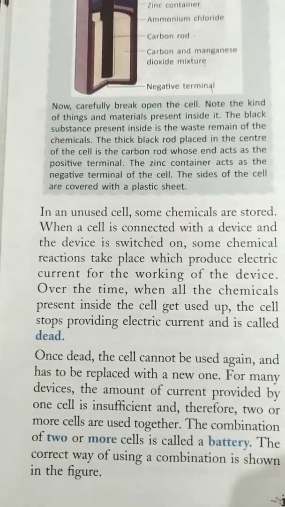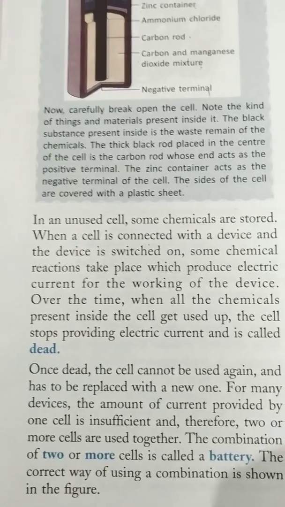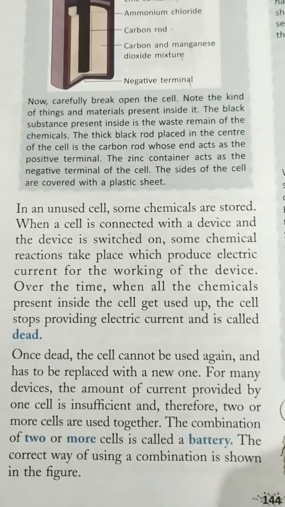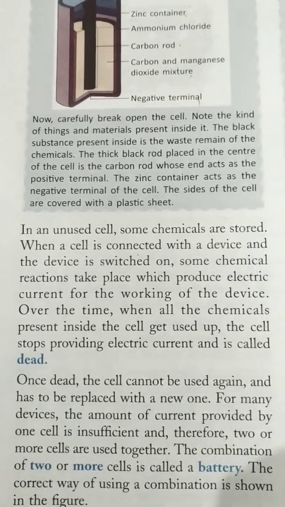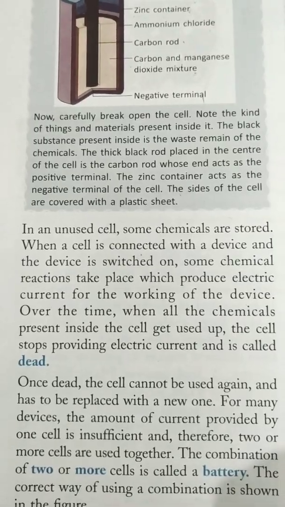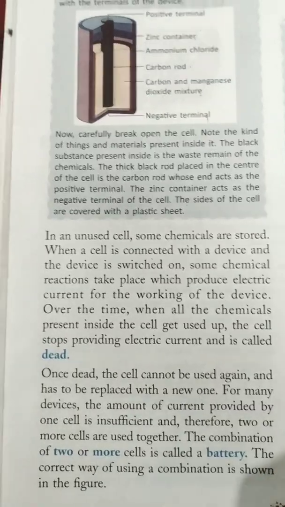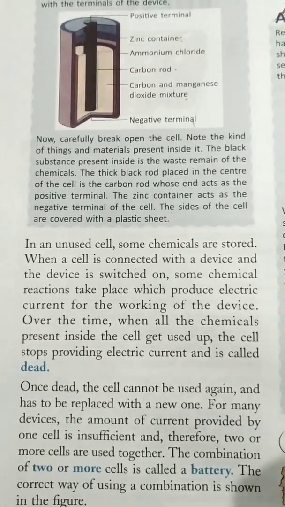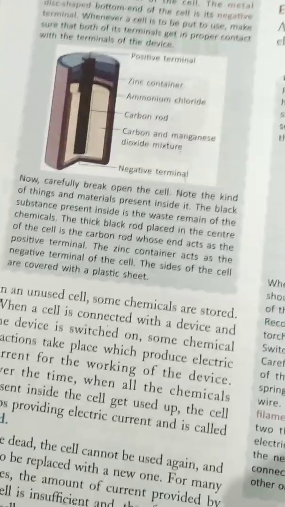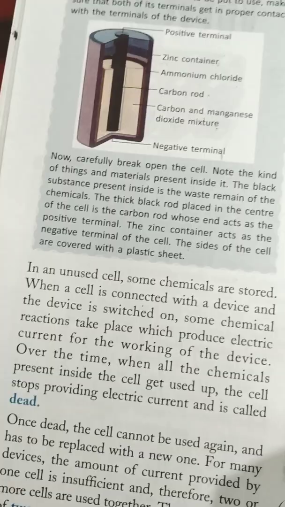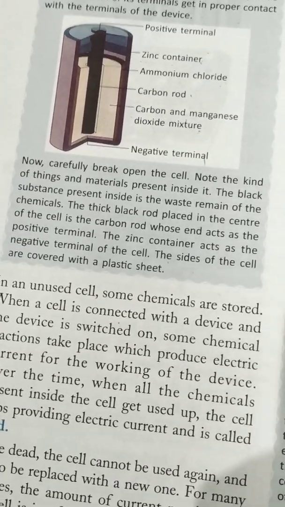But there are some devices that need a very small amount of electricity to run. In those cases we use these electric cells, like in toys and TV remotes. But one cell is not able to produce enough energy to run that particular device, so we use more than one cell, three, four or more.